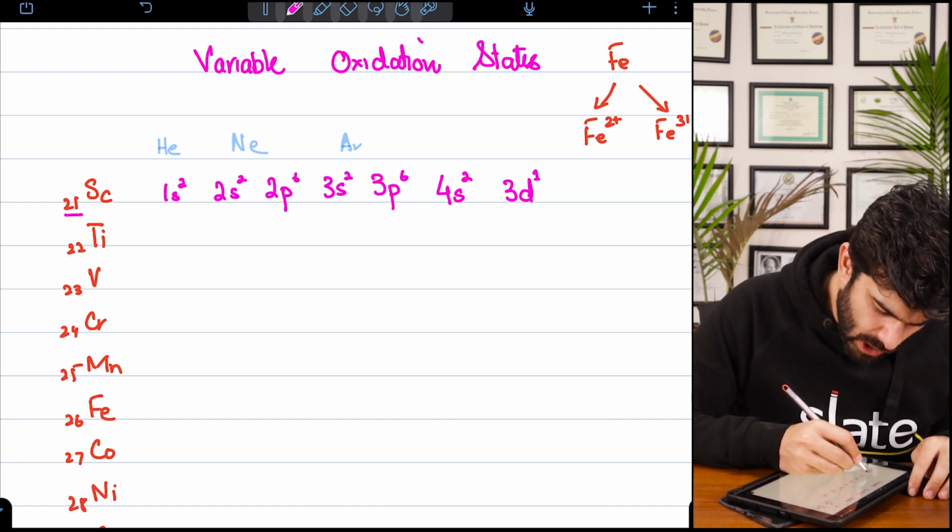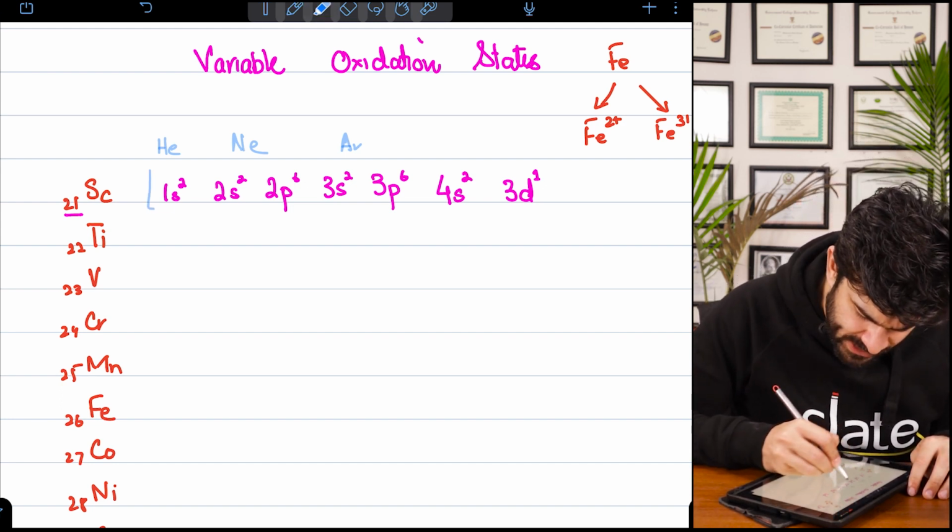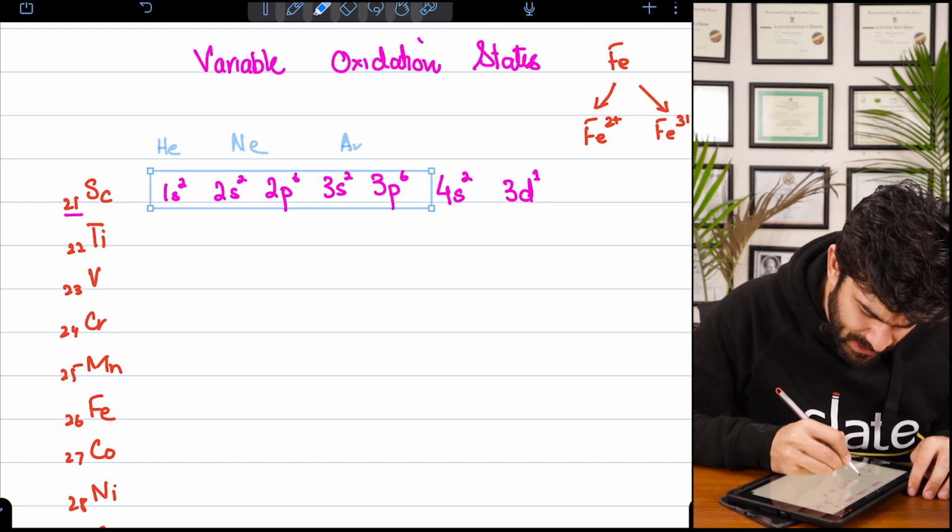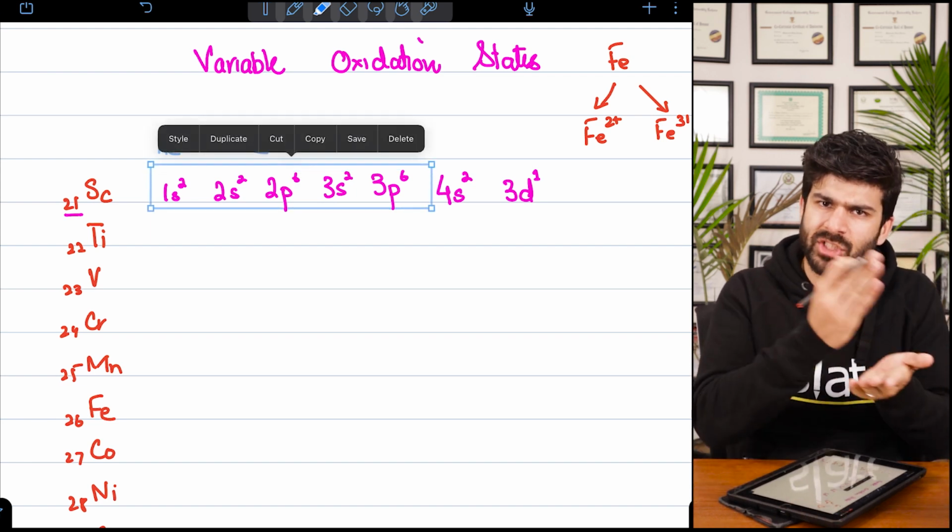So the rule is we can ignore all of these and we can simply write argon. The noble gas is a checkpoint.